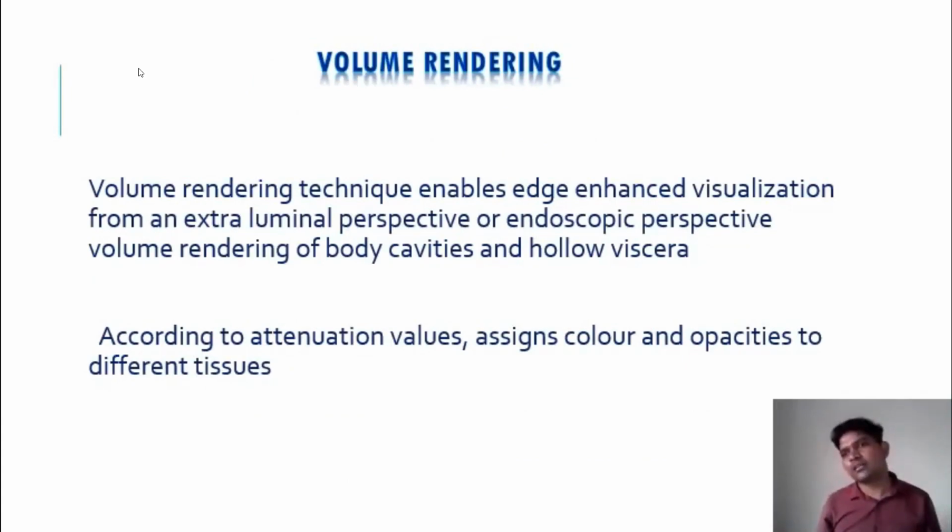The volume rendering technique enables edge-enhanced visualization from an extraluminal or endoscopic perspective, for example volume rendering of a body cavity or hollow viscera. According to the attenuation value, it assigns a color or opacity to different tissues.